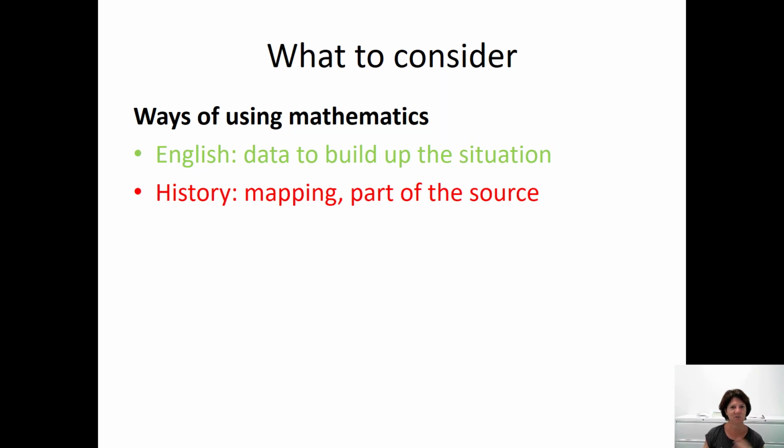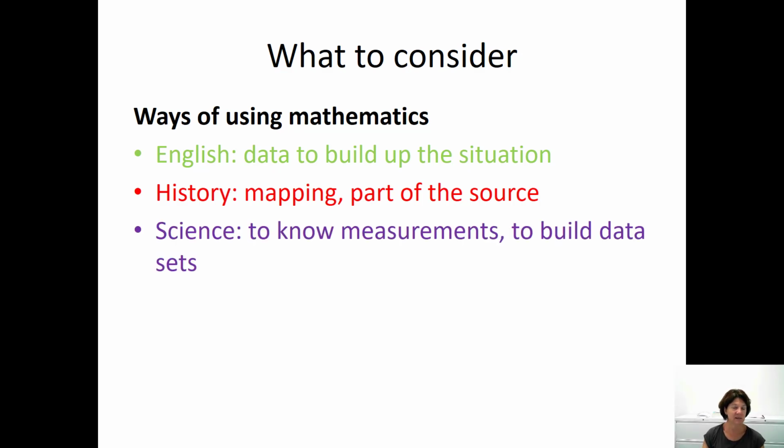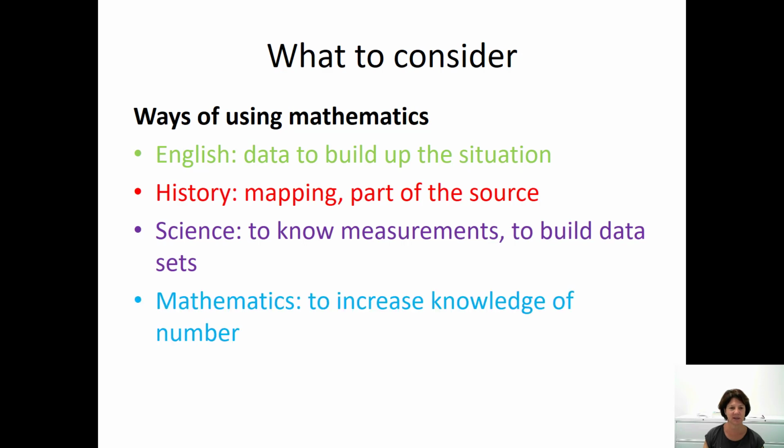Of course, history has so much numeracy involved in mapping and in looking at data. So part of the source might be numerical attributes to be aware of. In science, of course, there's a lot of numeracy around knowing measurements, building data sets, being able to pull down the maths. The numeracy to be able to do the science is very integral to that sort of work.